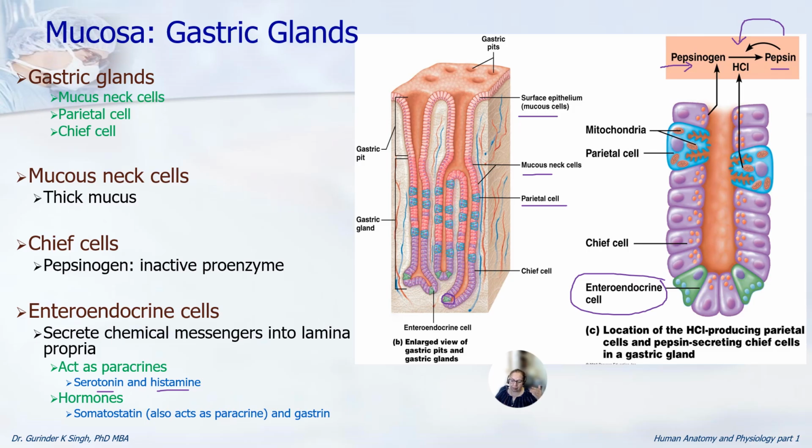We will talk about that. They can also produce what we call somatostatin. So enteroendocrine cells can produce neurotransmitters like serotonin, they can produce histamine, which is a chemical messenger, or they can produce hormones, and we'll come back to them. From this slide, you need to remember that the parietal cells are producing HCl, and your chief cells are producing pepsinogen.